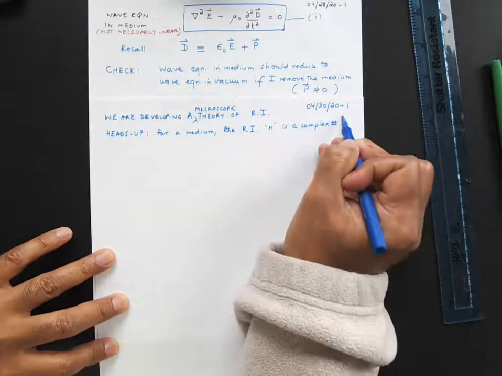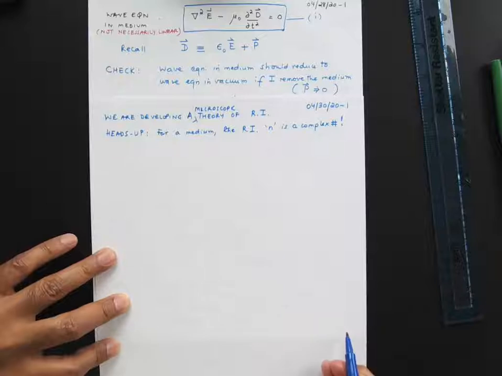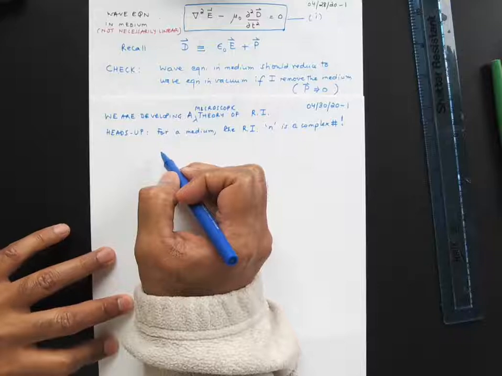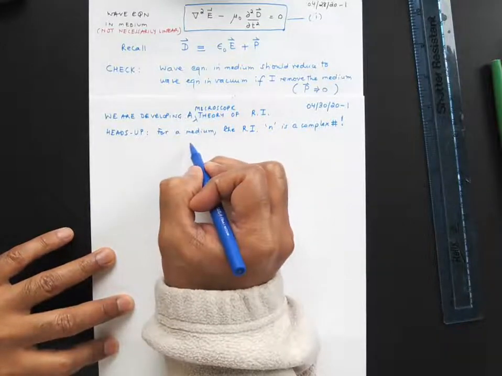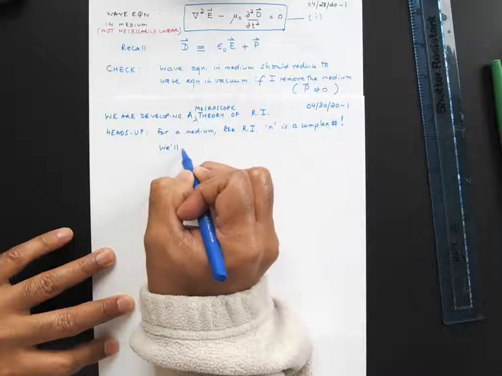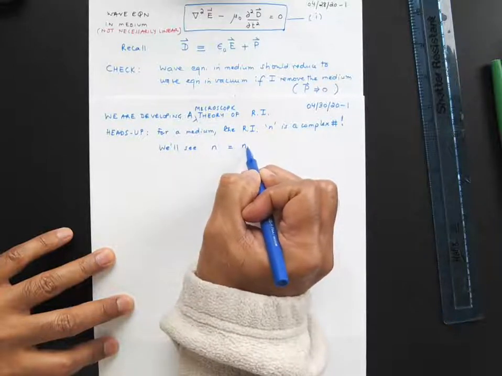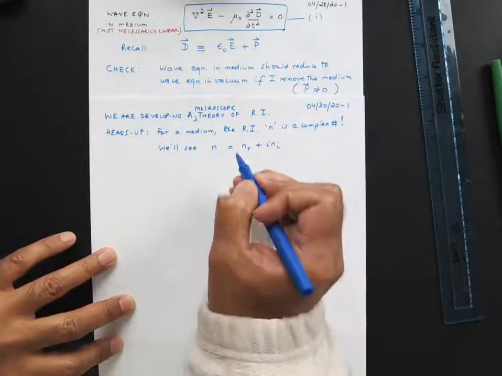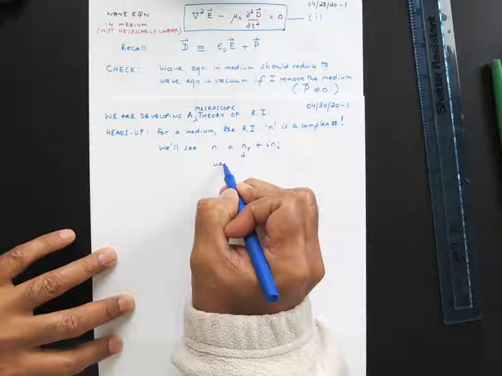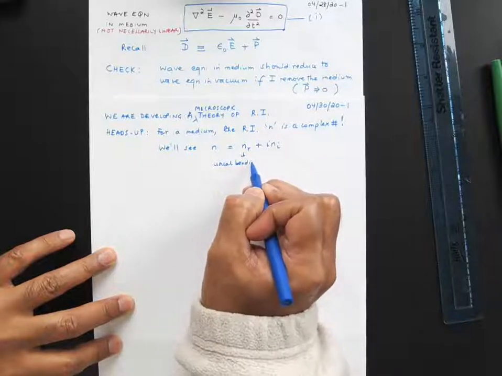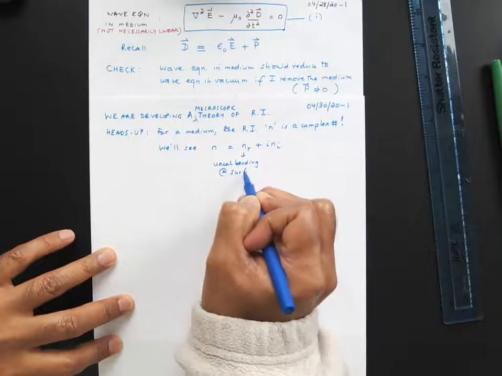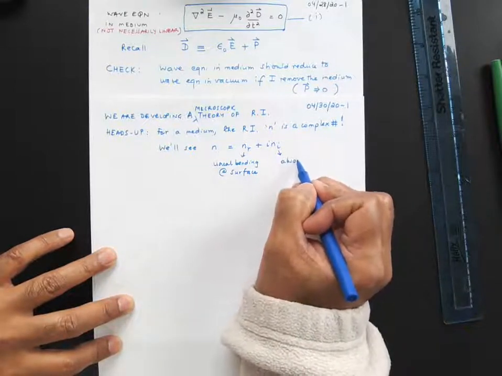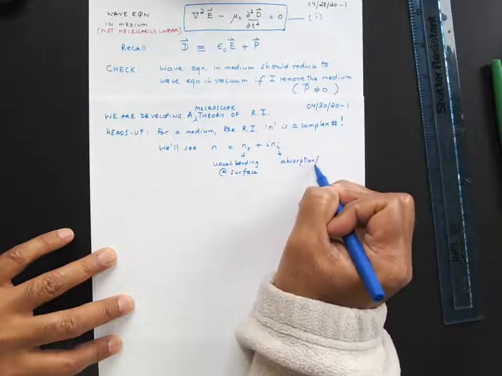When that happens, I don't want you to suddenly reel from shock. It's a complex number. What's going to happen is we'll see that the refractive index has a real and an imaginary part. The real part is just the usual bending at the surface, and the imaginary part has to do with absorption and scattering.